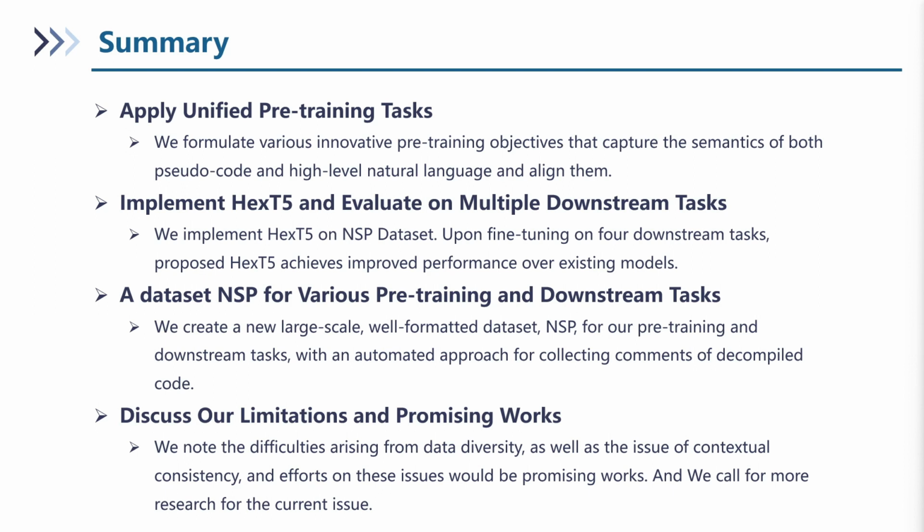And we create a new large-scale, well-formatted dataset, NSP, for our pre-training and downstream tasks, with an automated approach for collecting comments of decompiled code. And we also note the difficulty arising from data diversity, as well as the issue of contextual consistency. We call for more effort on these issues.